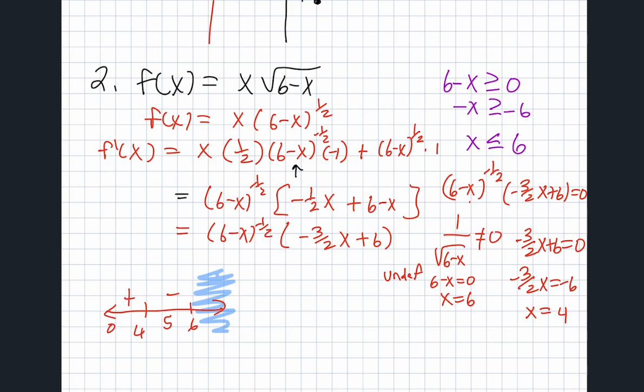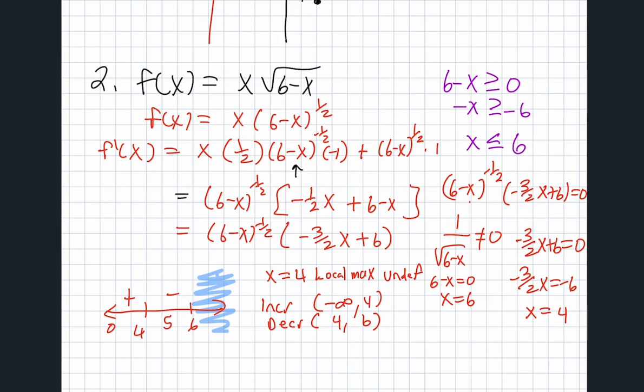So we know that x equals 4 is a local max. And it is increasing from negative infinity to 4. It is decreasing. You only have to include from 4 to 6.